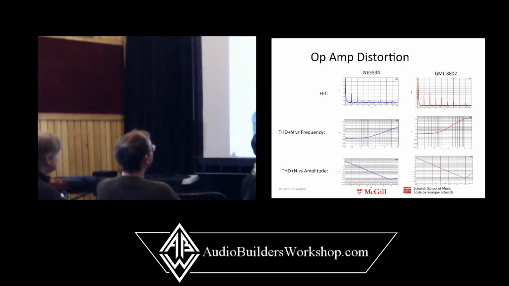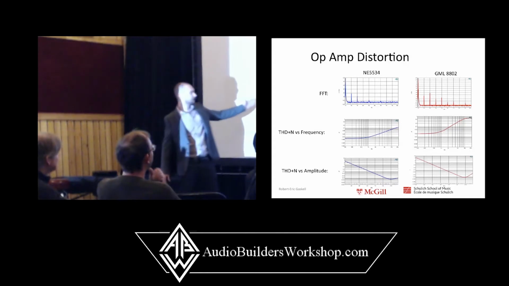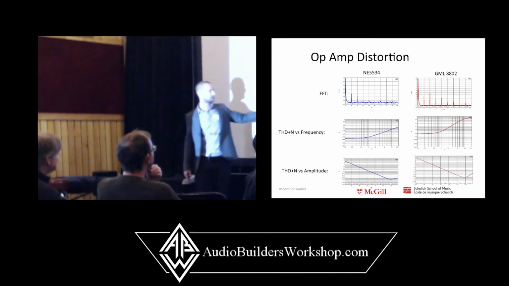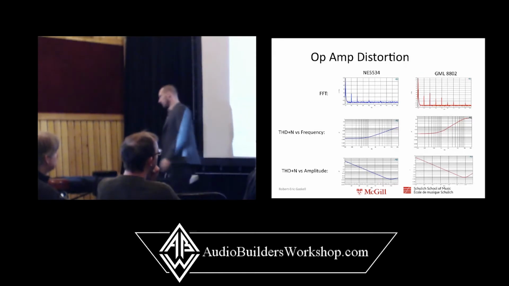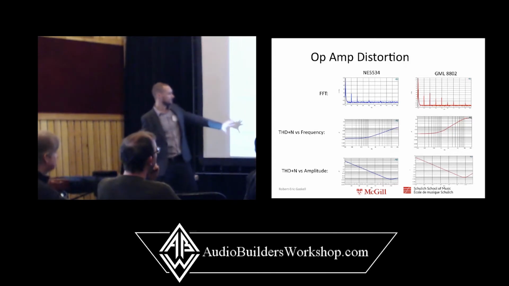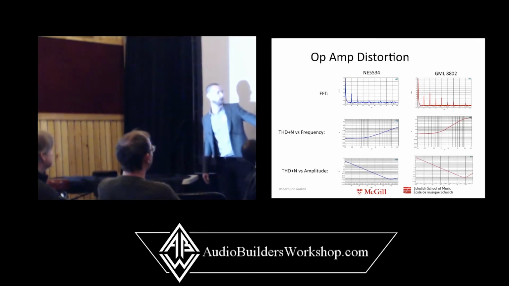George's has a little bit more odd harmonic than even harmonic distortion, but generally a smooth reduction in distortion with order. Both of them show an increase in distortion at increasing frequencies, but have slightly different characteristics, a little bit different geometry in those graphs. And this is THD versus amplitude.